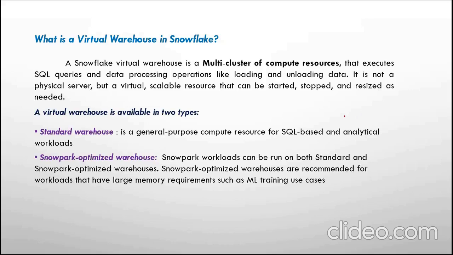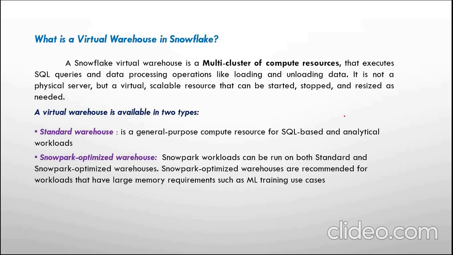In Snowflake, there are two types of virtual warehouses available. The first one is the standard warehouse, a general-purpose compute resource for SQL-based and analytical workloads. Generally we use standard warehouses in most cases. The second one is Snowpark optimized warehouses. Snowpark workloads can be run on both standard and Snowpark optimized warehouses.